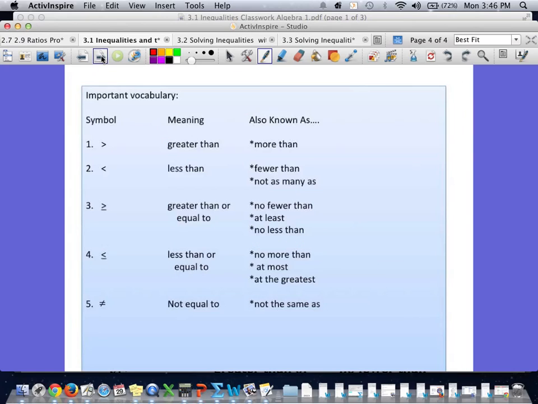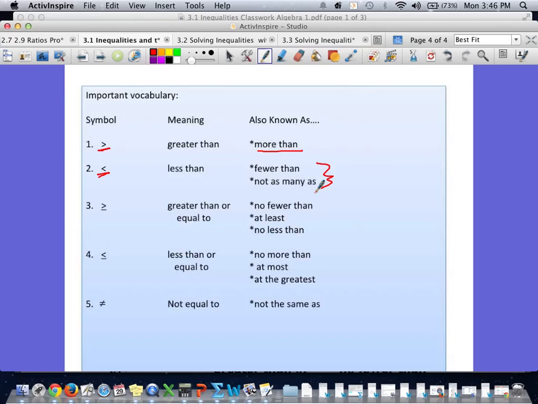And a couple important words that you want to memorize or just at least get familiar with. The greater than symbol also is known as more than. So if you hear a problem that's talking about more than this or whatever, that's a key to this symbol. Less than, they would use fewer than or not as many.